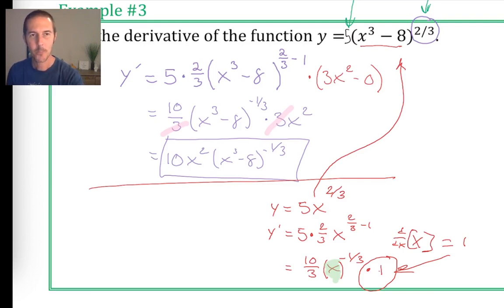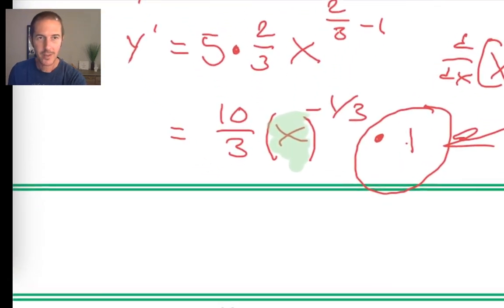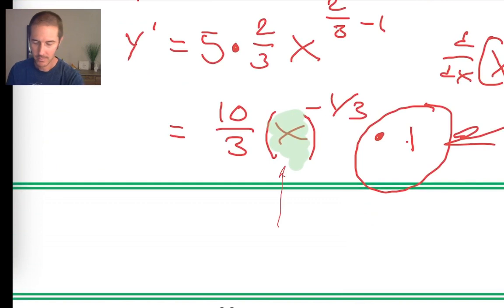But now that our inner function isn't just an x, this process of multiplying by the derivative of the inner function becomes really important. When it was just an x, the derivative was just multiplication by 1.